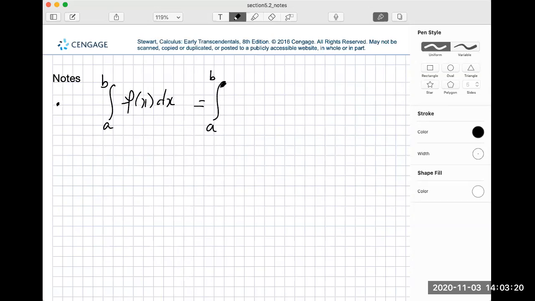It is equal to the integral from a to b of f of t dt. It's just a name, so we can use another name for the variable. They're the same thing. It's still a number, right? Or we can use another letter, for example, the integral from a to b of f of r dr. Okay, just notation.